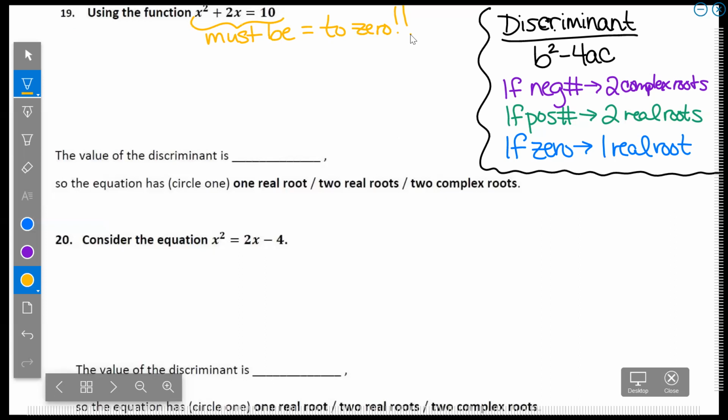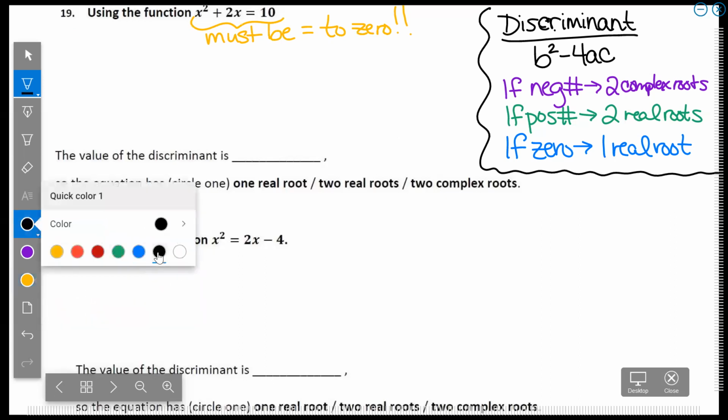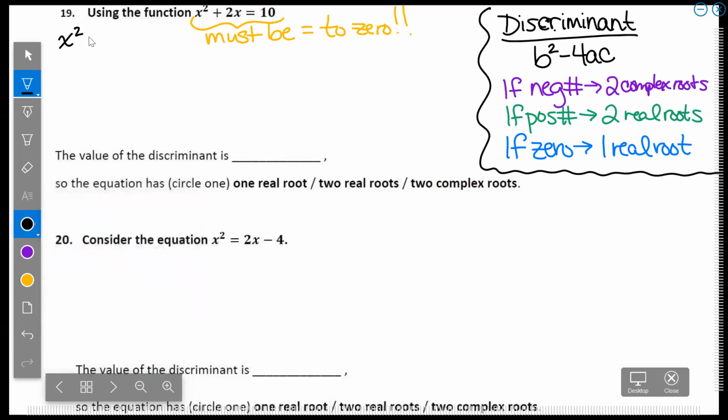What do I need to do to both sides to make it equal to 0? Subtract 10 from both sides. So I'm going to minus 10, minus 10. That is not a like term with anything else that I already have. So x squared plus 2x minus 10 equals 0.